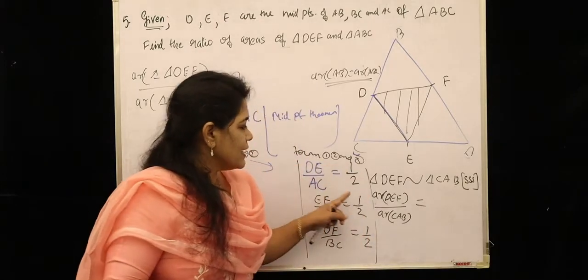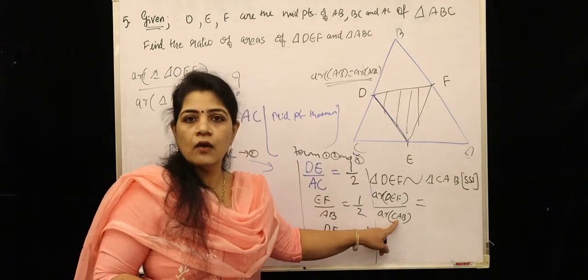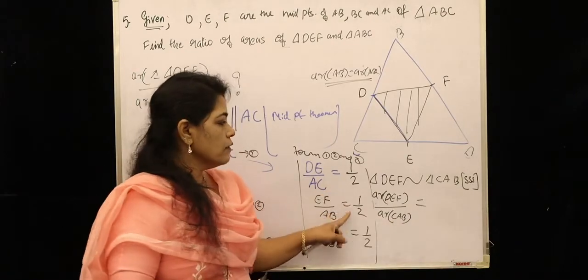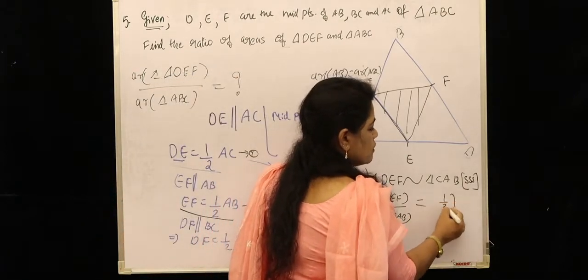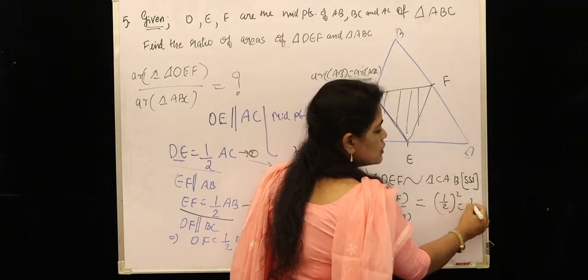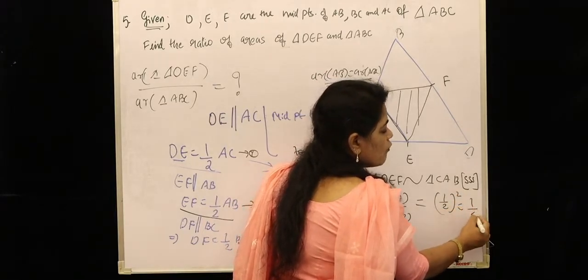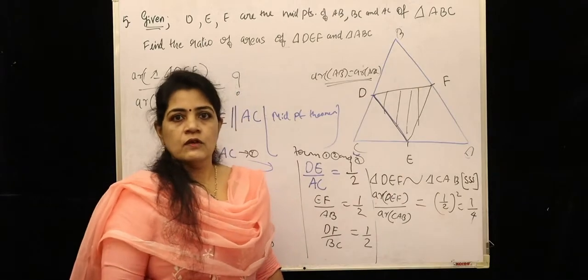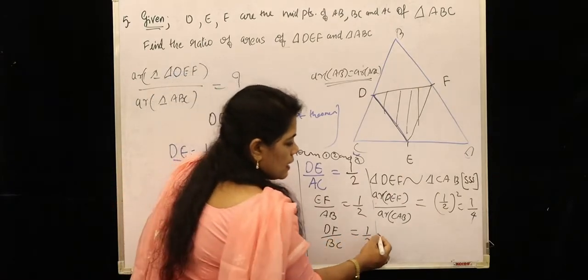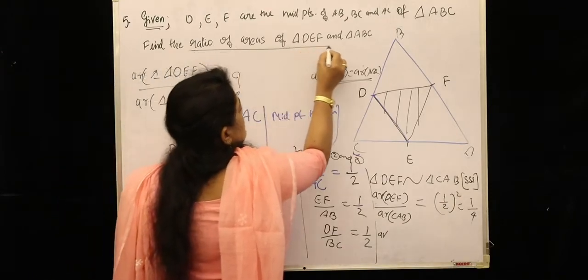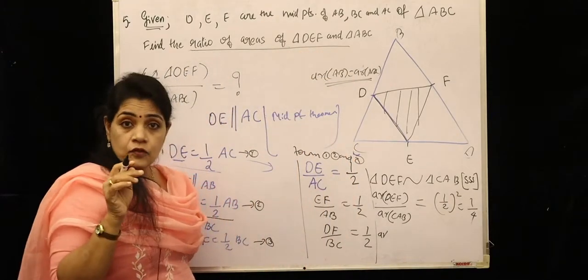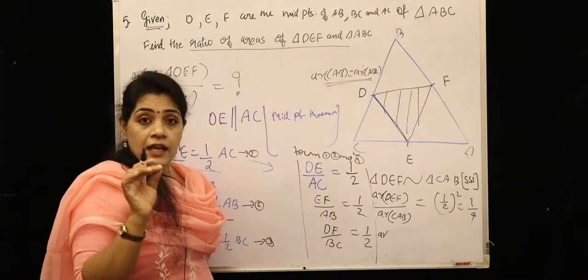So what is that? DE by CA or AC whole square, that we have seen is 1 by 2. So 1 by 2 whole square. What is 1 by 2 whole square? 1 square is 1, 2 square is 4, so 1 by 4. Which means we are getting the answer in terms of the ratio of areas of triangle DEF and triangle ABC.